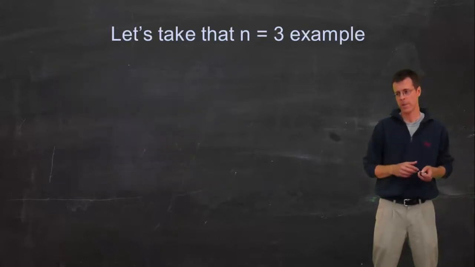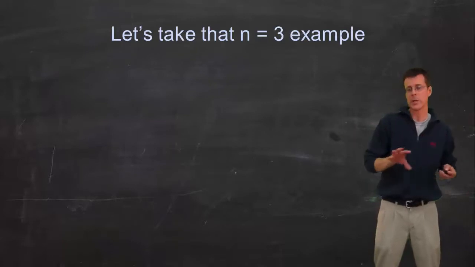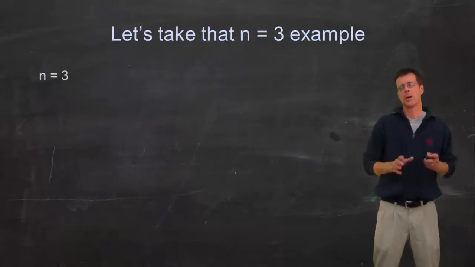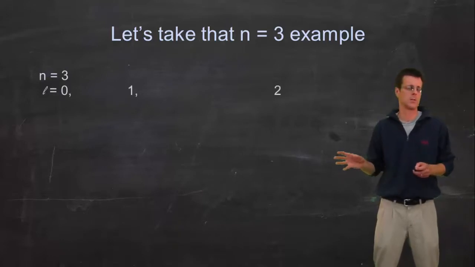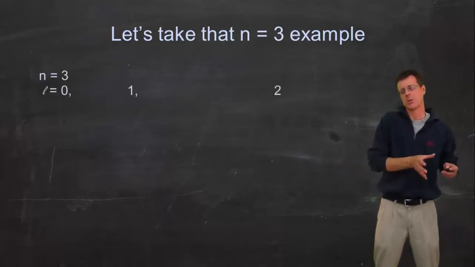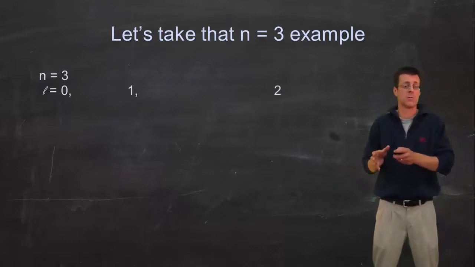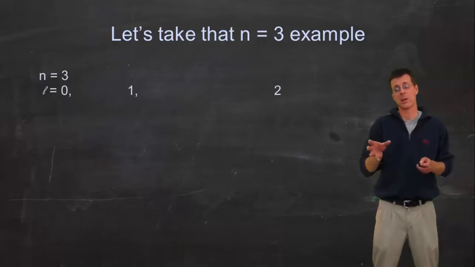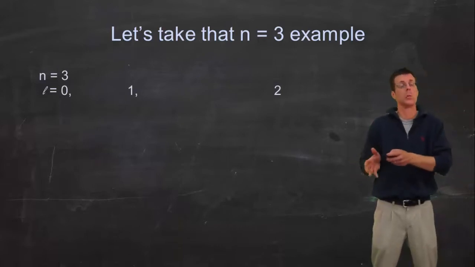So let's try that. Let's take this n equals 3 example, and break it down in much more detail. Taking back n equals 3 again. Well, what does that mean? If I look at each value of L individually, leave some space so that I can look at what M sub L means for each value of L. In other words, if L equals 0, what does it mean for M sub L? If L equals 1, what does that mean?